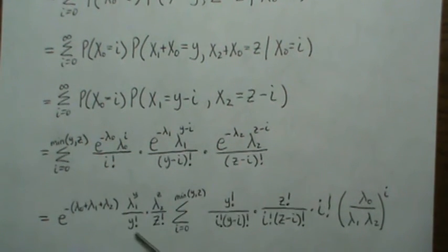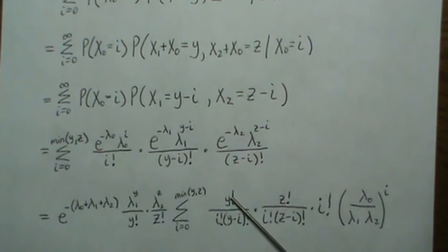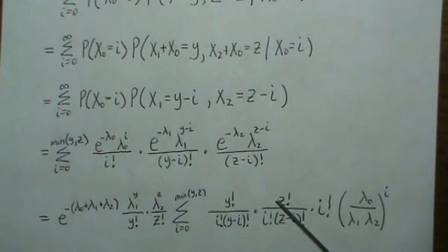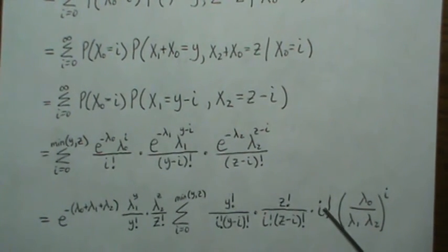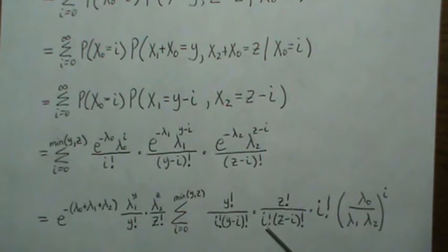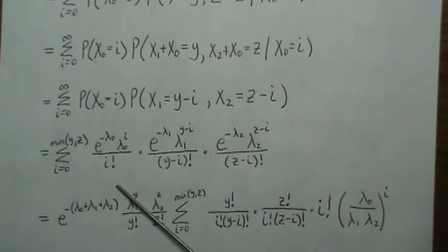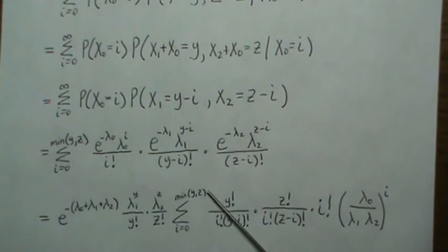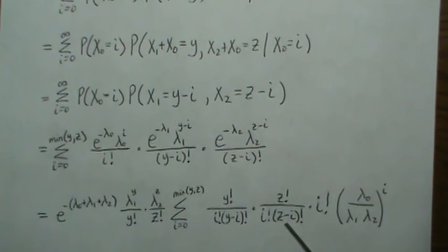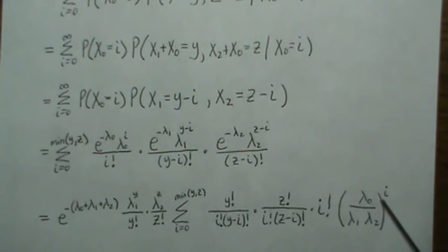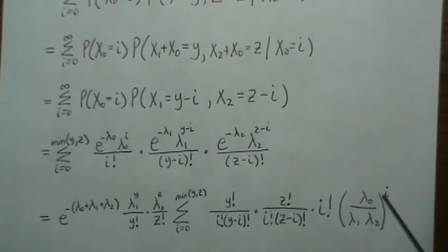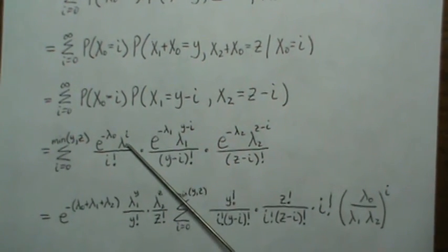And then we multiply by 1: we divide by y factorial, multiply by y factorial, divide by z factorial, multiply by z factorial. And then we also multiply by i factorial and divide by i factorial. Otherwise, the values are the same. And then this right here, the lambda 0 to the i comes from here.